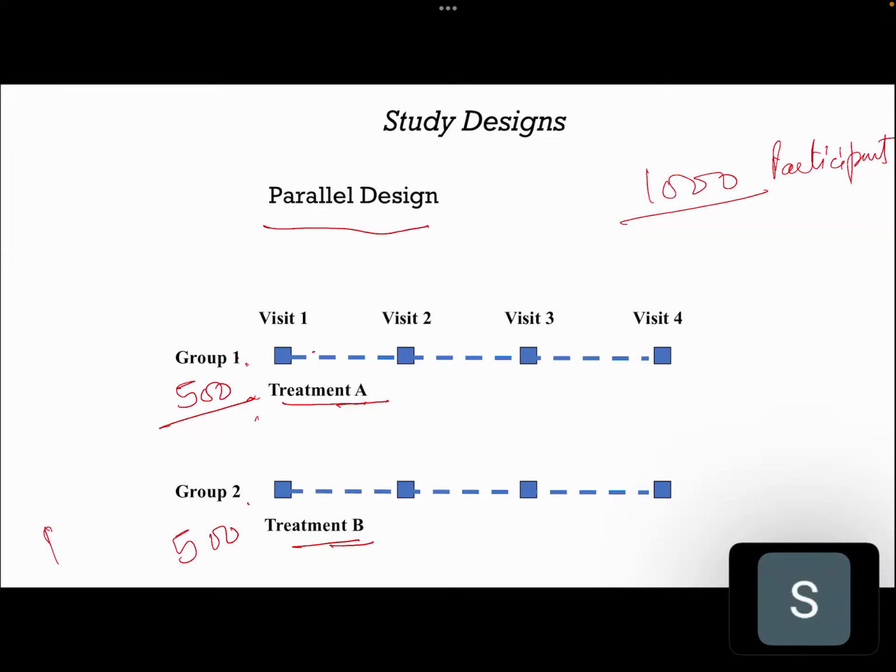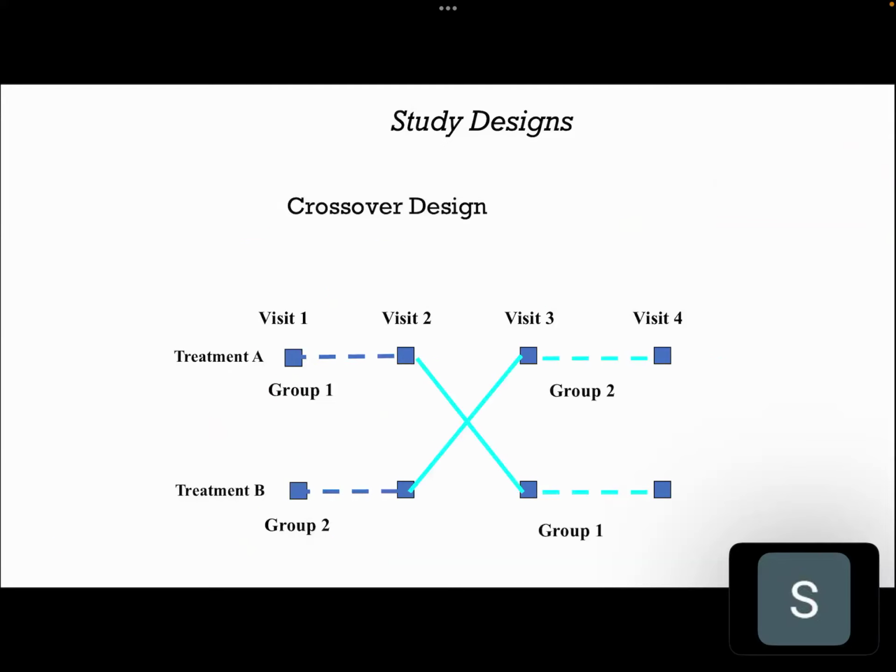So treatment A and treatment B, you will equally divide the participants, and in the same way, if one has visit 1, the other will also have visit 1, visit 2, visit 3, like that. They will follow the same treatment. There will be no exchange. That is parallel. Now the crossover, this is a very important design. Sometimes sponsors do it, mostly in phase 2 trials.